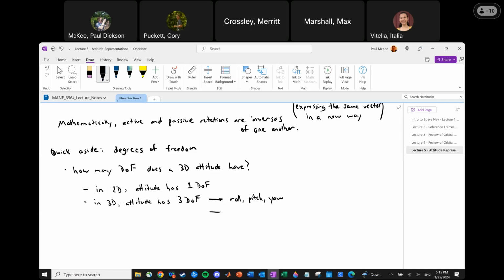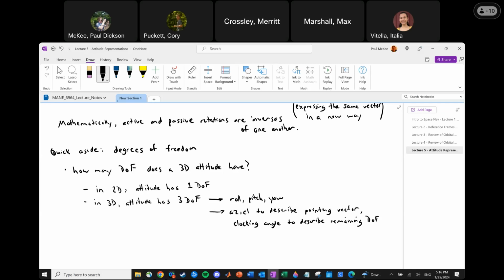Another way you could think about this is an azimuth and an elevation angle to describe your pointing vector. That's two numbers. And then a clocking angle to describe the remaining degree of freedom.